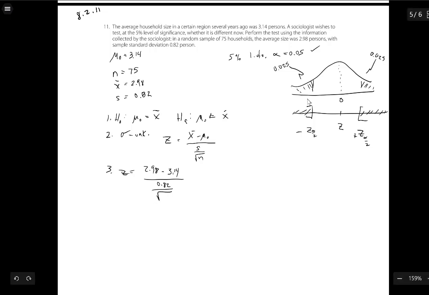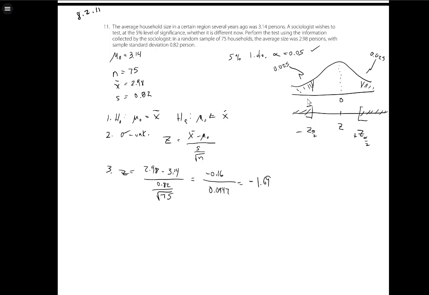This is minus 0.16 divided by, if we work that out, 0.0947, which gives us minus 1.69. Okay, so we're going to compare that with our alpha over 2. Let's continue working that one here.